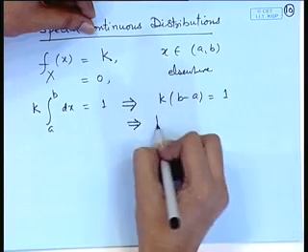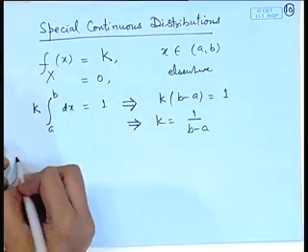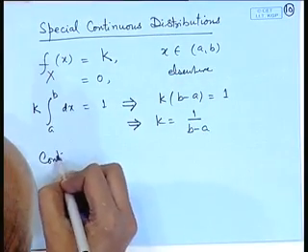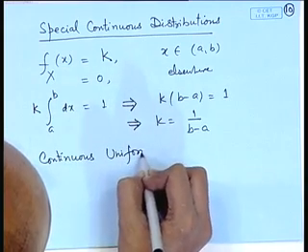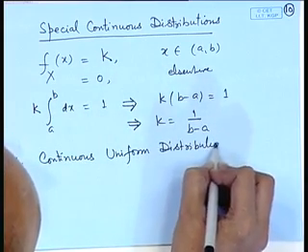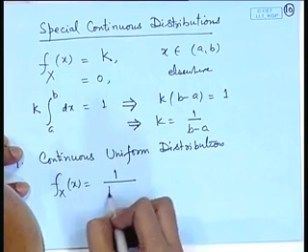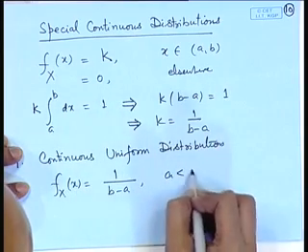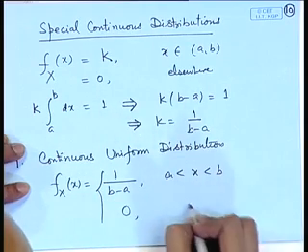That means k is equal to 1 by B minus A. So, a continuous uniform distribution has the probability density function given by 1 by B minus A for A less than x less than B, 0 for x lying outside this.